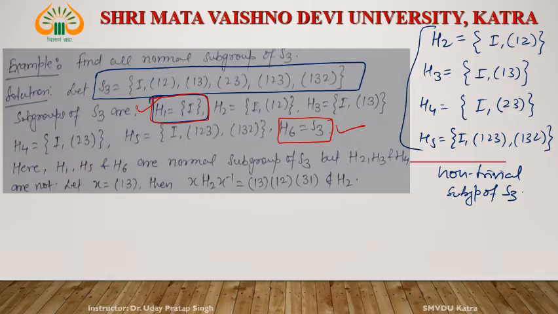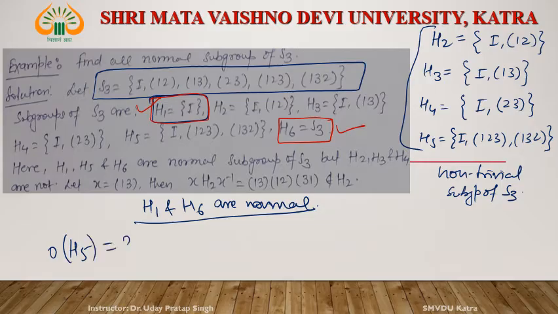Now, no doubt H1 and H6 are normal, right? Since I already told you, every group has two normal subgroups. One is identity and one is the group itself, right? Check whether the other groups are normal or not. Now, first see H5. What is the order of H5? The order of H5 is 3.